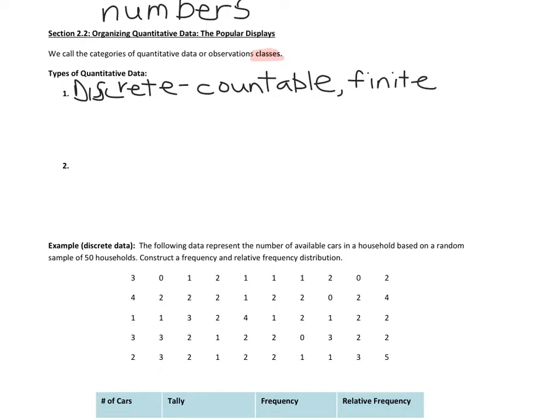In this case, the classes, the values of how we're organizing our data, will just be the observations. Classes are observations.